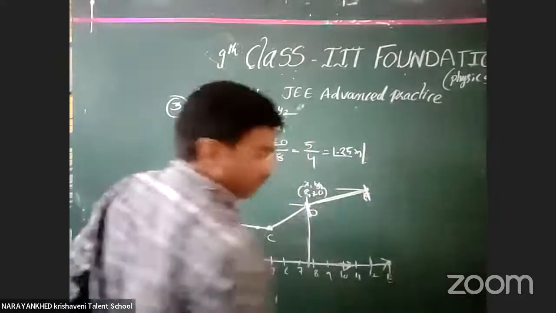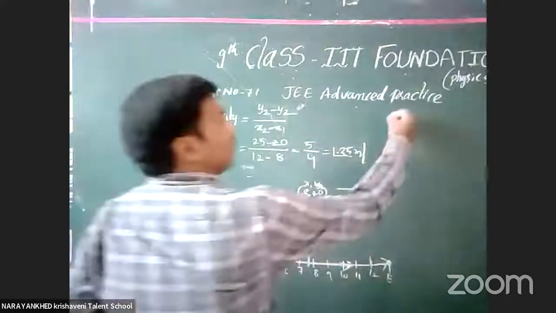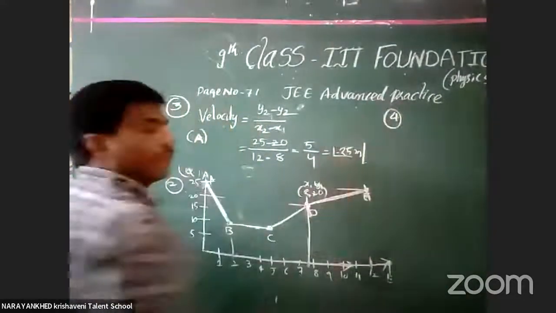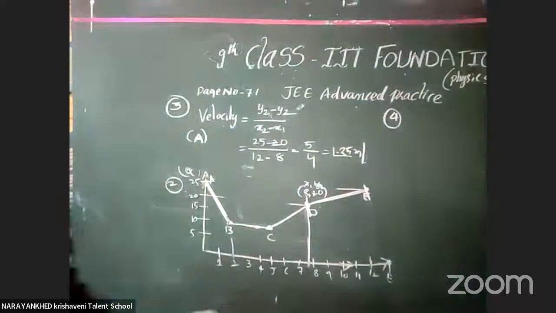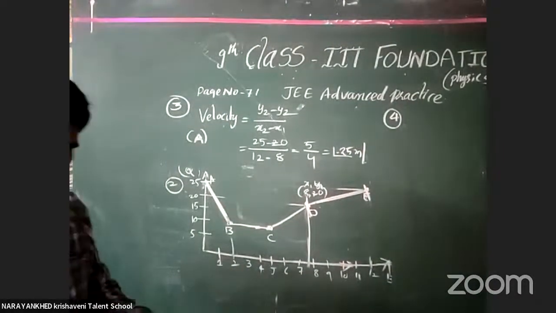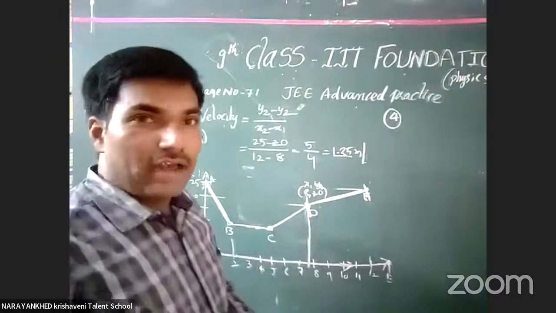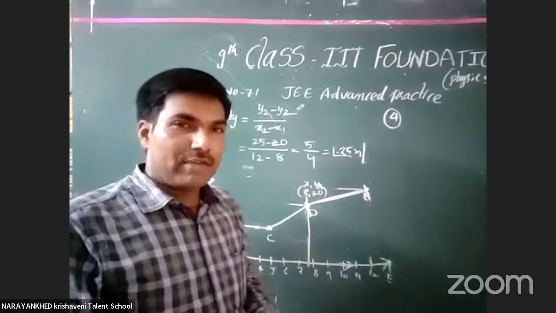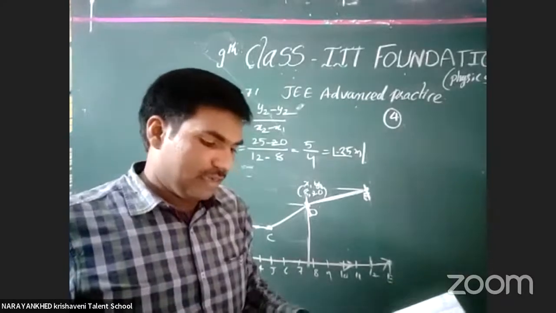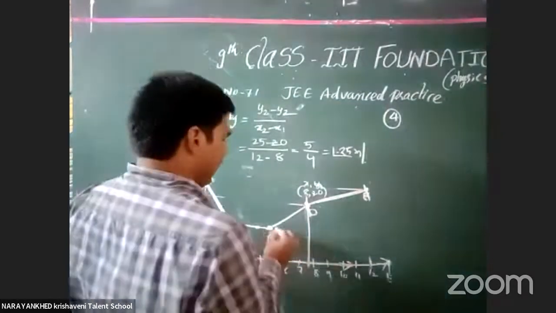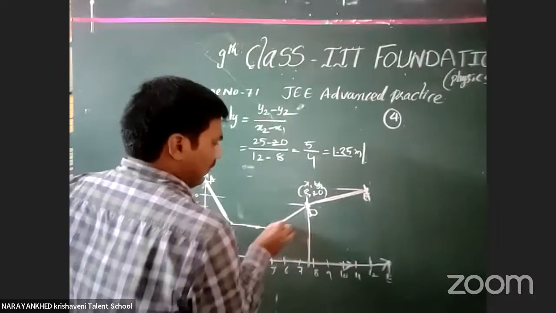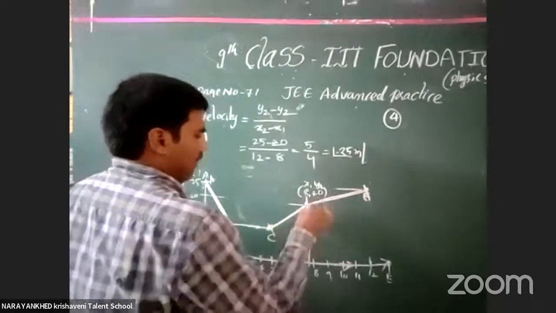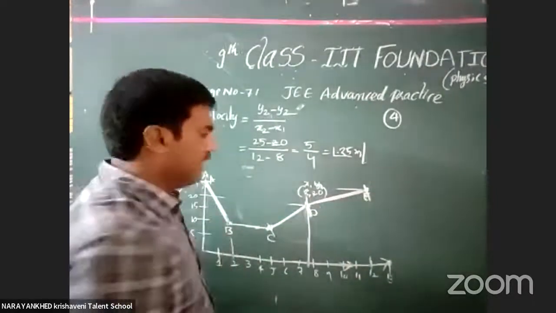Next, come to the fourth one. What is the fourth question here? Find the average velocity along CE. Where is CE? From C to D there is one velocity and from D to E another velocity.